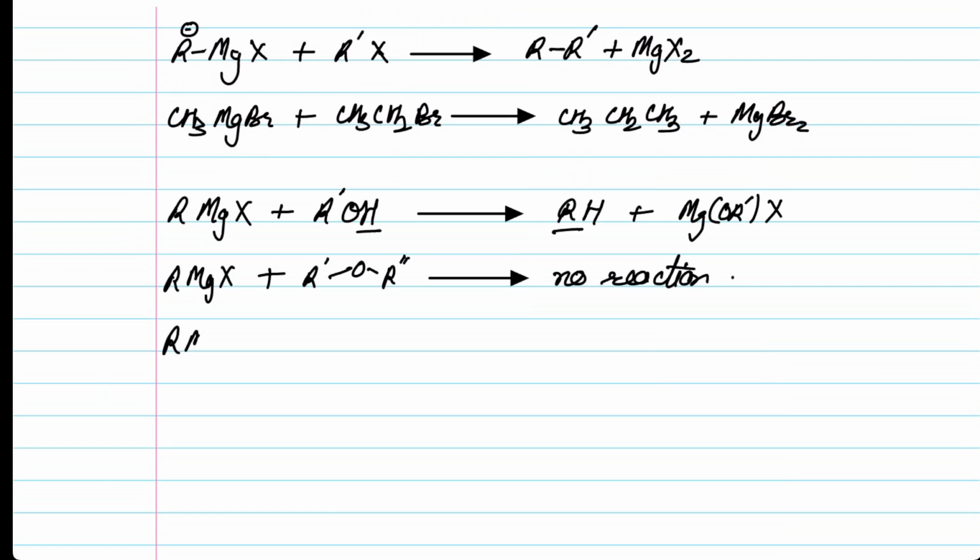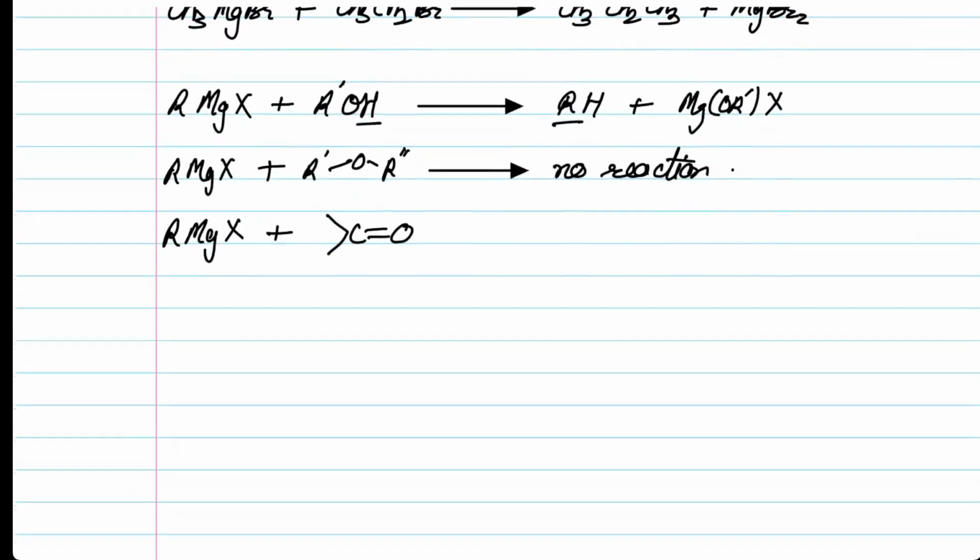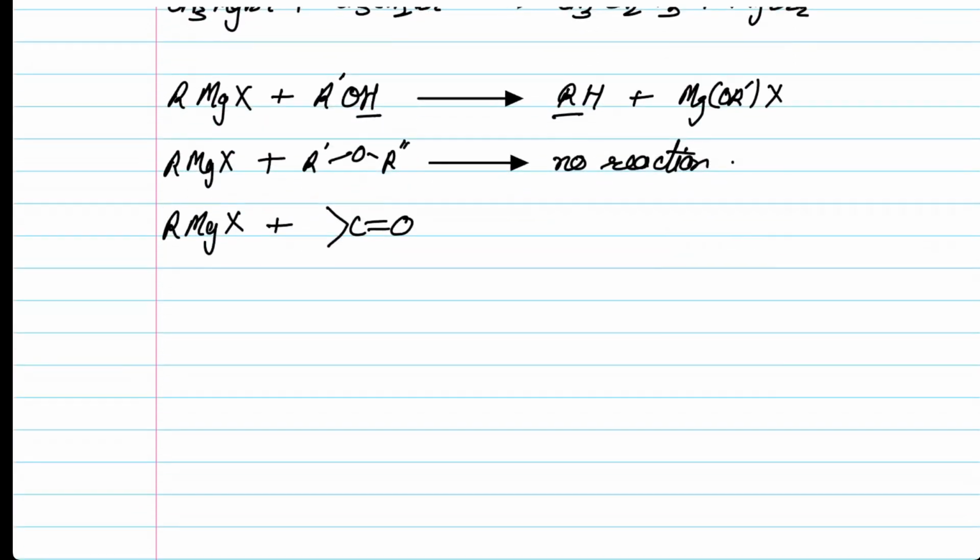Now let's react the Grignard reagent with carbonyl compounds, C double bond O. The Grignard reagent is R minus MgX plus. This reacts with the carbonyl group. In the carbonyl group, oxygen has a delta negative charge while carbon has a delta positive charge.